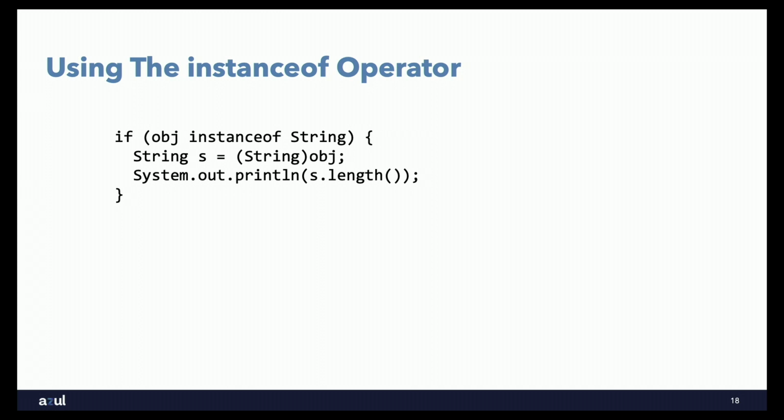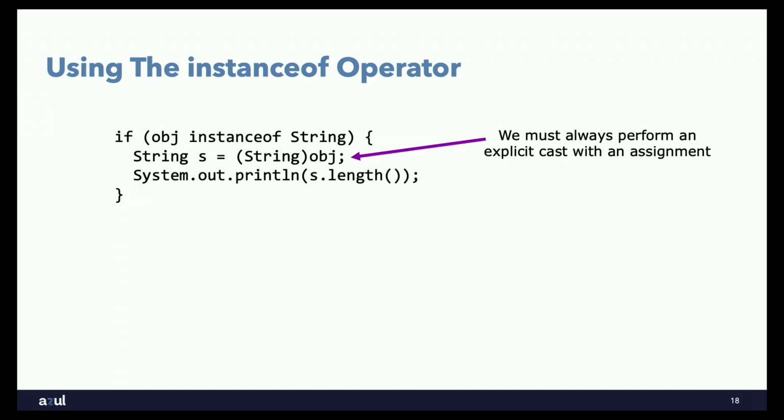So if I pass an object reference to a method and I want to determine what specific type it is, I use instanceof. I say if obj instanceof String, then I want to do something with it. And in order to use that, the very first thing I have to do is an explicit cast with an assignment.